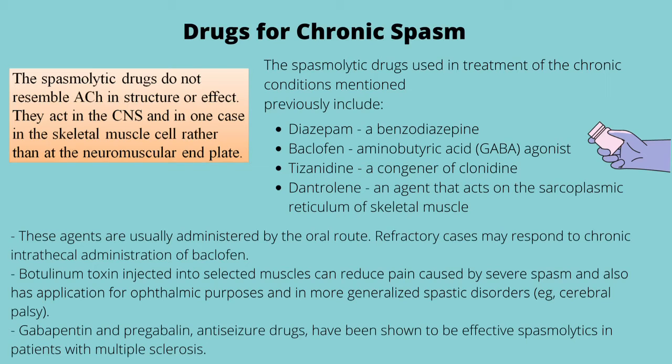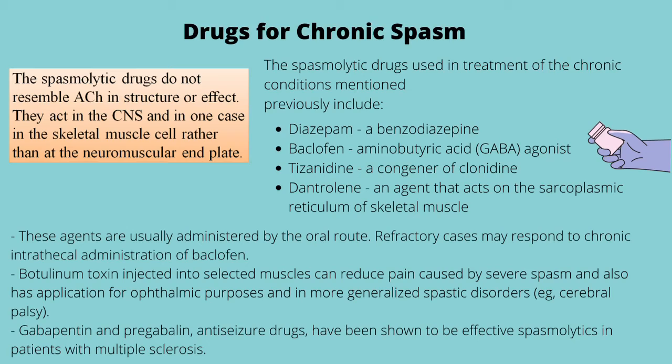The spasmolytic drugs used in treatment of the chronic conditions mentioned previously include diazepam, a benzodiazepine, baclofen, a gamma-aminobutyric acid or GABA agonist, tizanidine, a congener of clonidine, and dantrolene, an agent that acts on the sarcoplasmic reticulum of skeletal muscle. These agents are usually administered by the oral route. Refractory cases may respond to chronic intrathecal administration of baclofen.